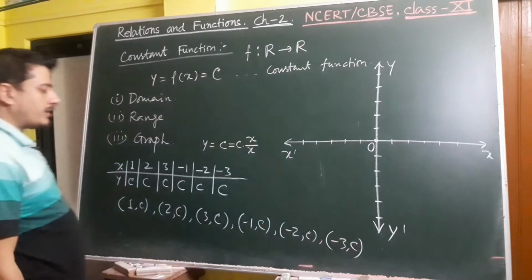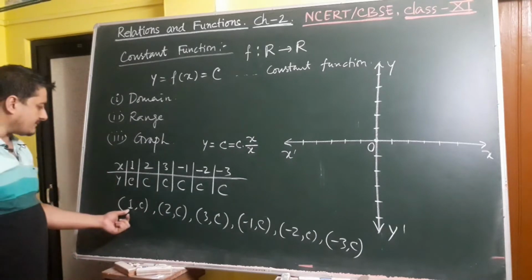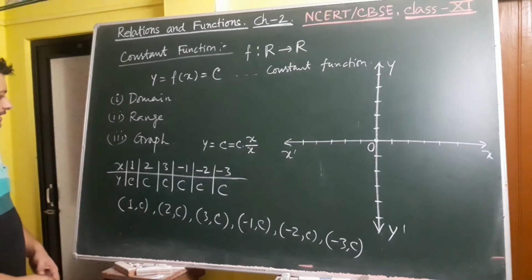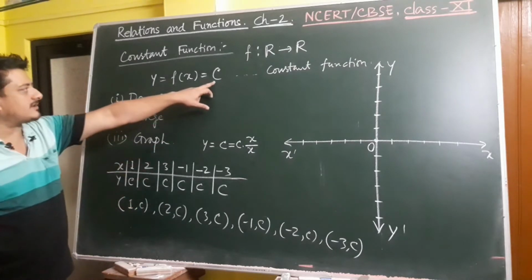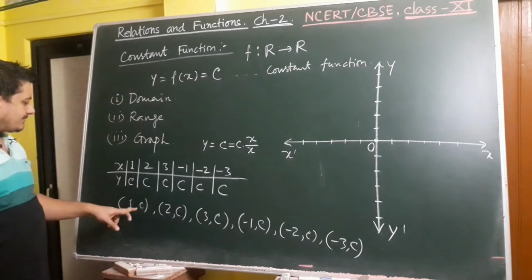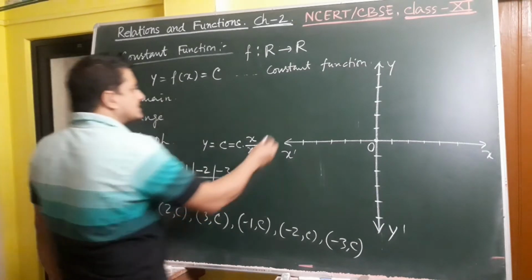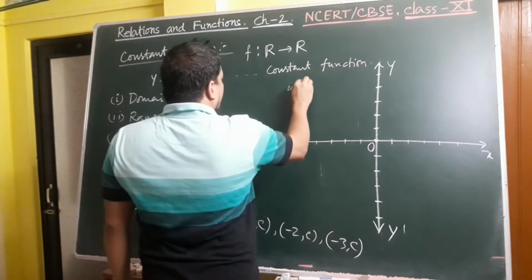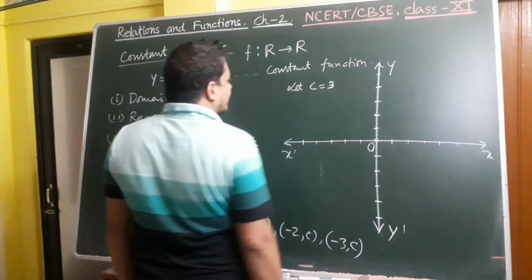These are the collection of abscissa and ordinate. I told you that c is nothing but a constant value, any real number. So let me take c is equal to 3.